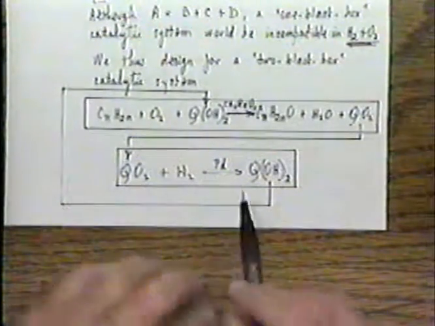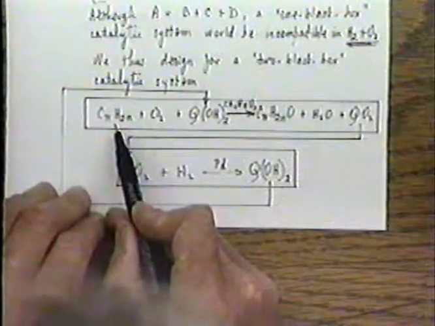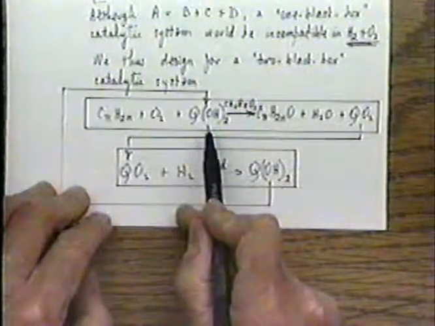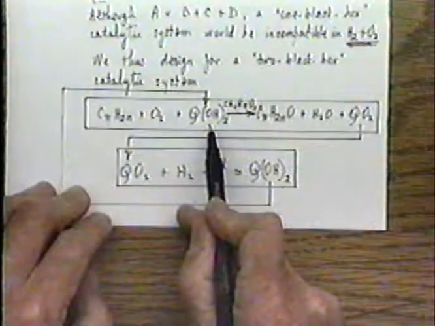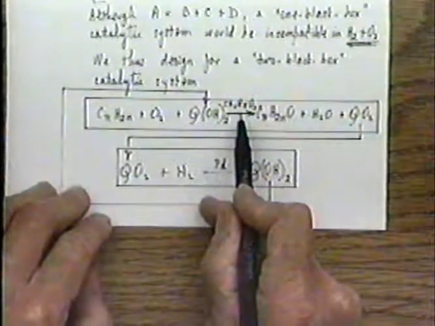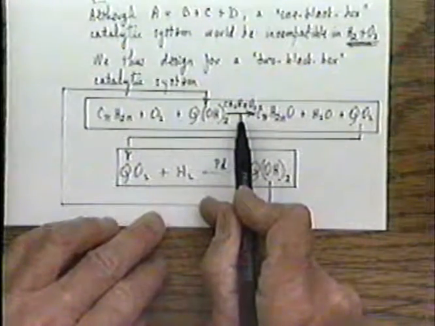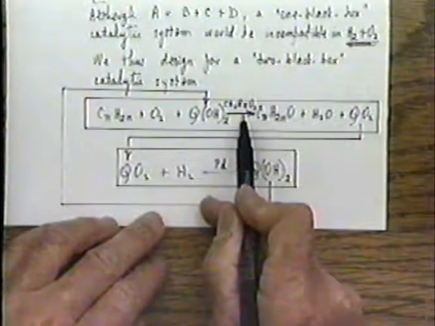And my suggestion is what you do is you take olefin plus oxygen plus hydroquinone plus the catalyst which is required to catalyze the epoxidation using the H2O2 as the reactive intermediate.